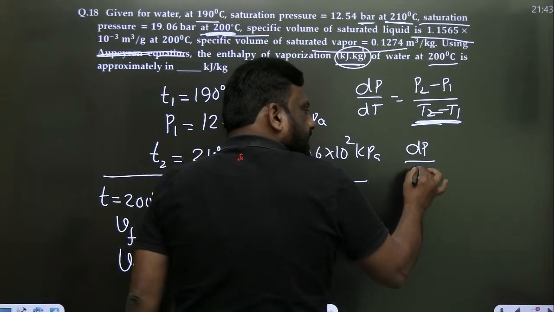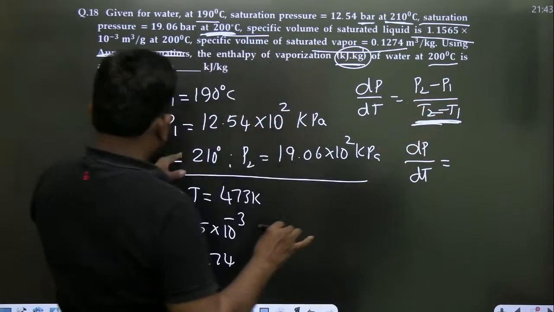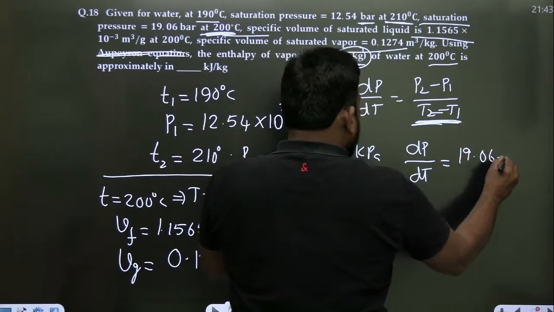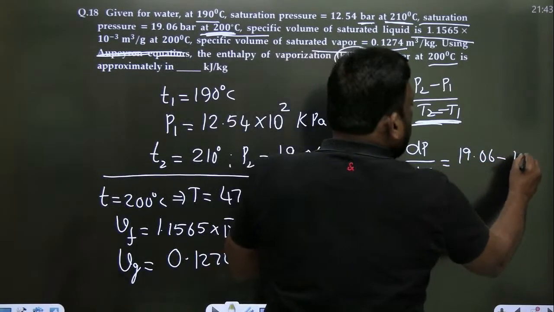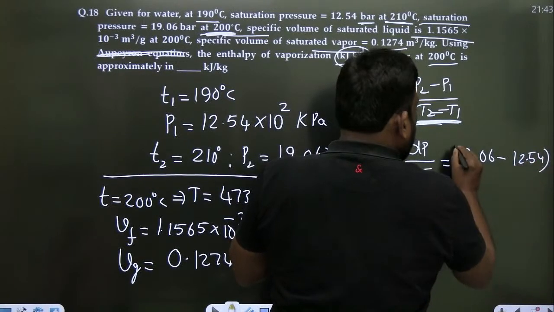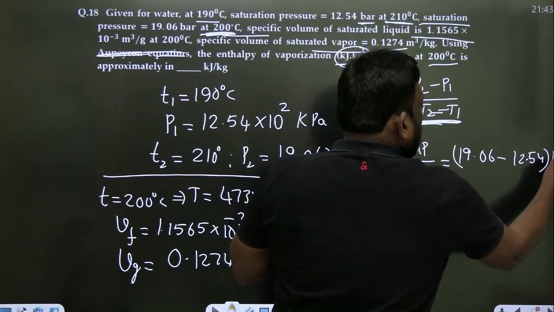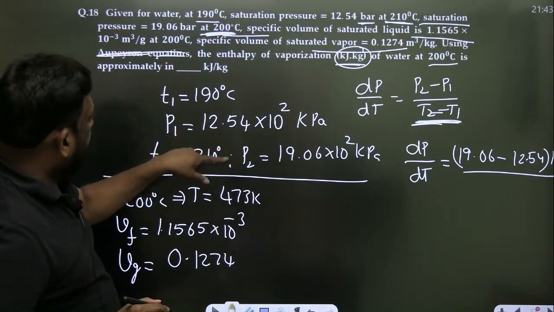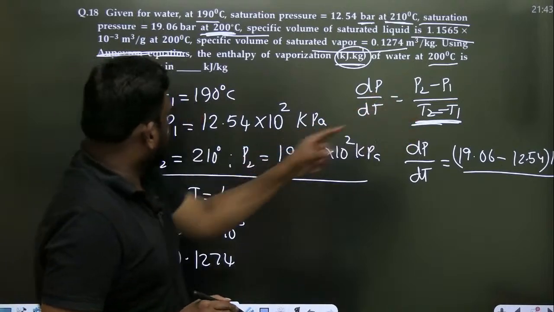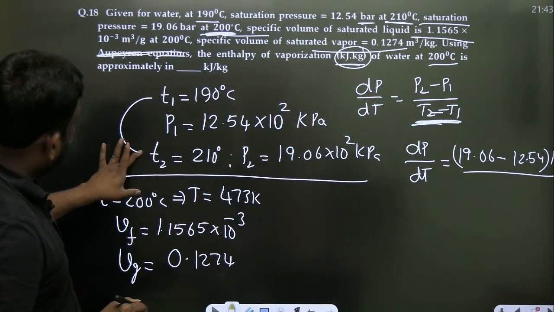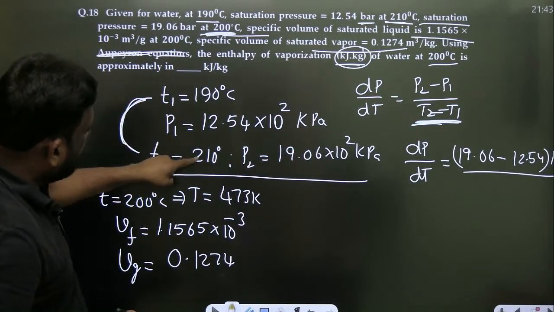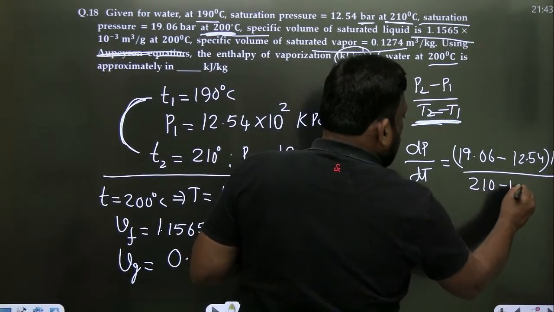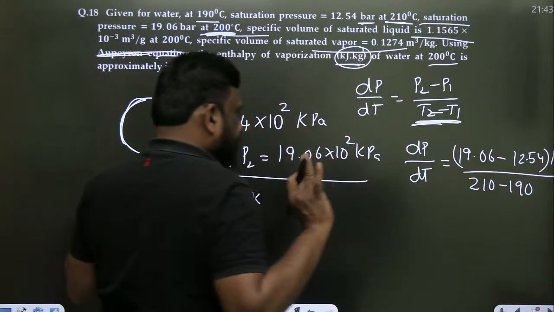So dP by dT is P2 minus P1, that is 19.06 minus 12.54 into 100, by the temperature difference, 210 minus 190, which is 20. From here dP by dT will come.